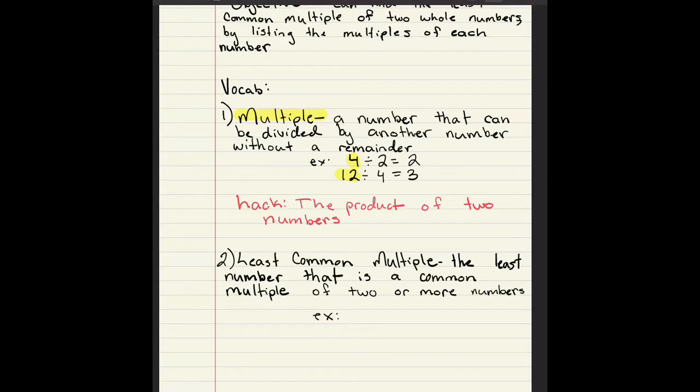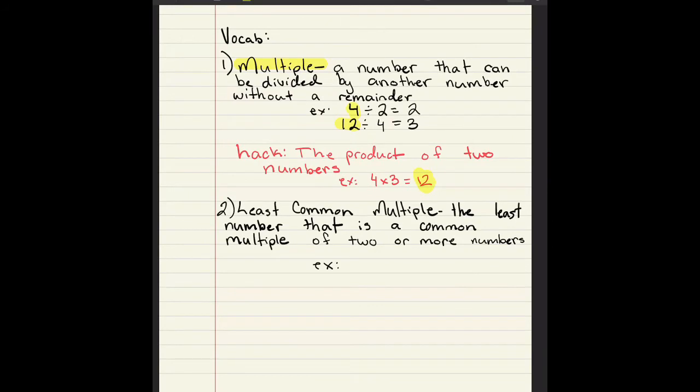A little hack to help you is that it's the product of two numbers. Product is the answer to a multiplication problem. So if we looked at 4 times 3 equals 12, your multiple in this is 12, just like it was up there, right?